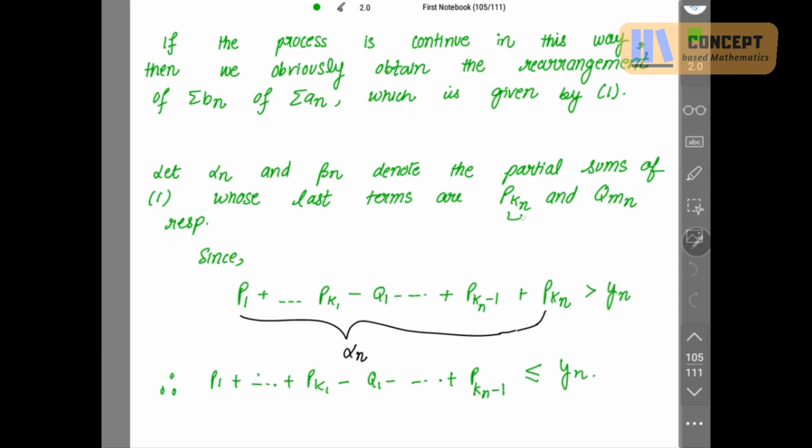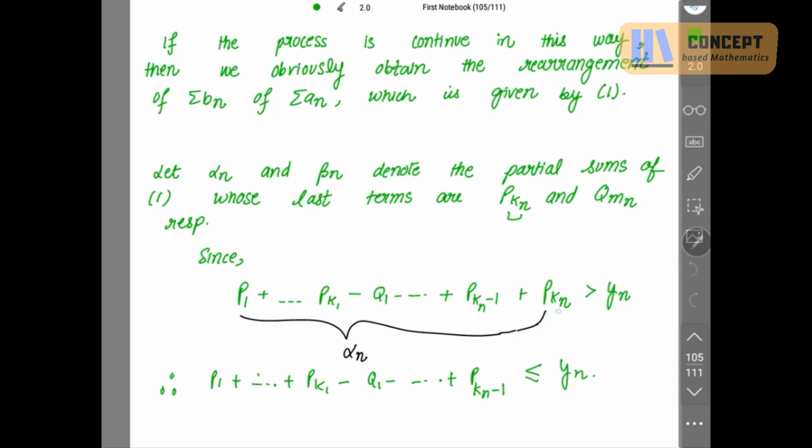So since p_{kn} is the last term for alpha n, the last term of the partial sums of 1, I am taking all the positive terms up to k1 followed by the negative terms, then positive terms, and reach p_{kn}, the last term. And because I have ended up with the positive terms, I must write yn with greater than sign. And because it is a partial sum of our rearrangement, it is denoted by alpha n.